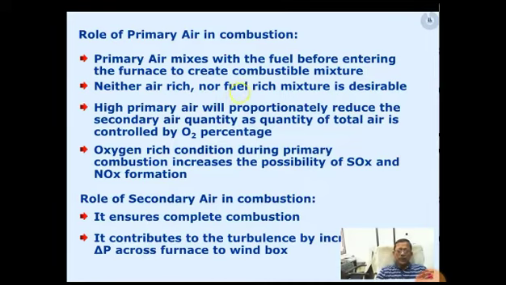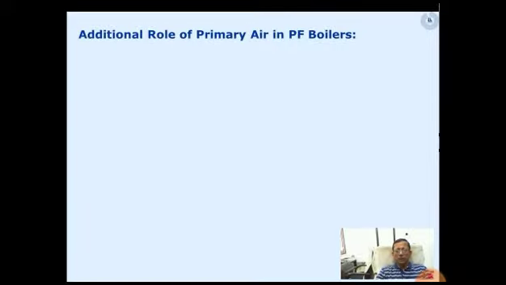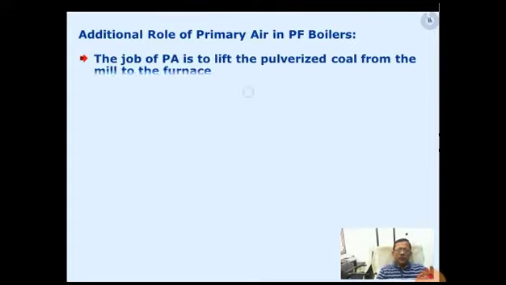But there are some other roles also, right? Now if I talk about the additional role of primary air in a pulverized coal-fired boiler, what is that? We know that primary air in a pulverized coal-fired boiler is given to the mill, right? So one job of the primary air is to lift the coal-air mixture to the furnace.